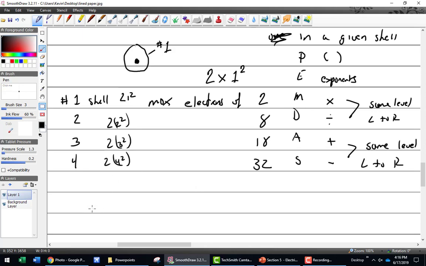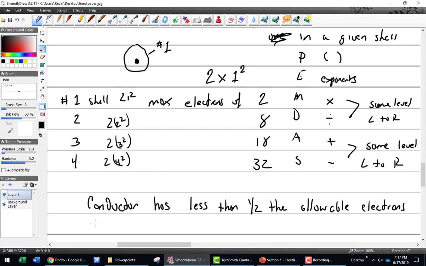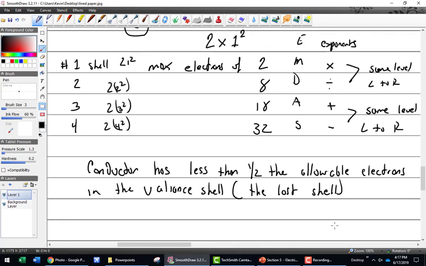So a conductor has less than 1/2 the allowable electrons in the valence shell. Valence shell is the same thing as saying the last shell. So less than half.